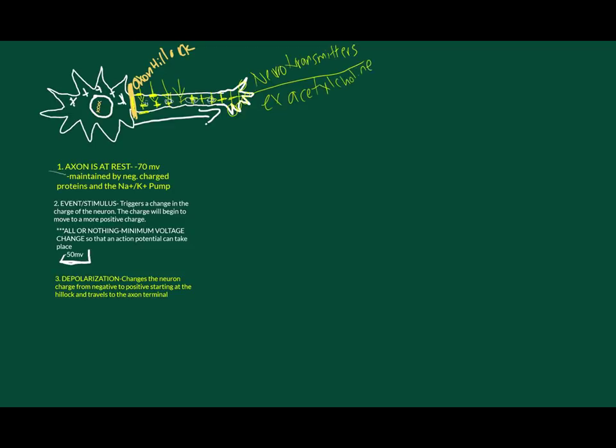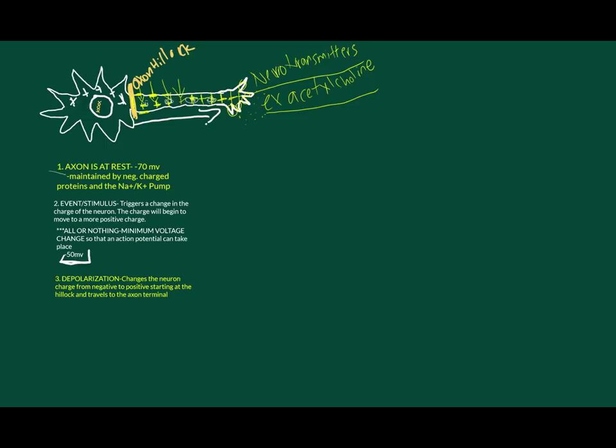Those neurotransmitters are going to be released, and then they're going to travel to whatever cell they're meant to go to. It could be another neuron, it could be muscle, your stomach, your heart, your lungs, whatever it is trying to communicate with. And so that depolarization is going to result in that message being sent.